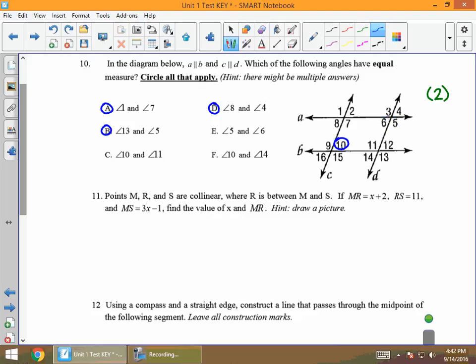10 and 14. The transversal is B. 10 and 14 then are alternate interior angles, and alternate interior angles are congruent. Remember, anytime you have parallel lines, so this whole section, with the exception of A, B, D, and F are all true because it says that the lines are parallel.